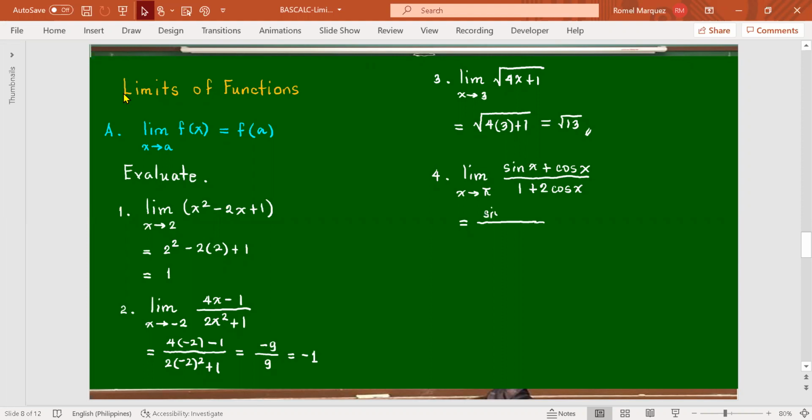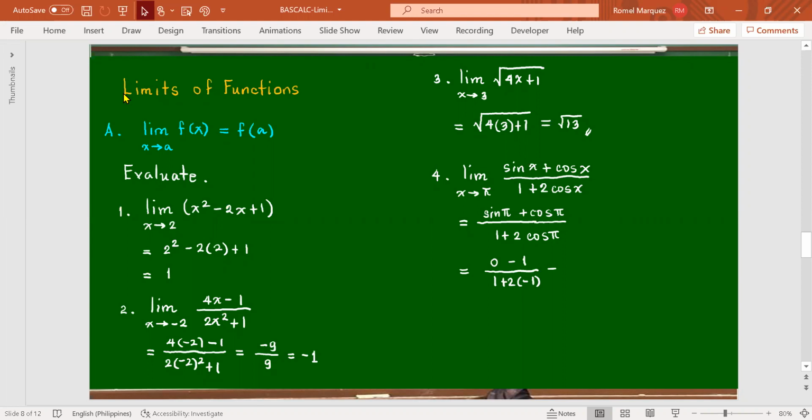So we now have sine of pi plus cosine of pi, all over 1 plus 2 cosine of pi. What is sine of pi, guys? 0. Cosine of pi? -1. And then here, 1 plus 2 times -1, that is -1.